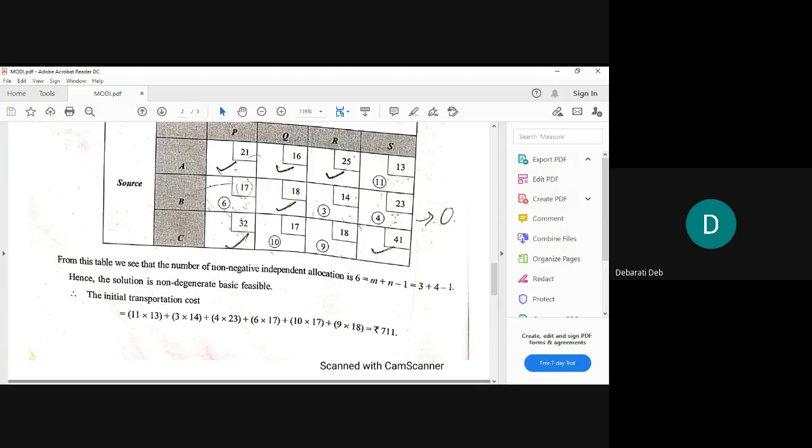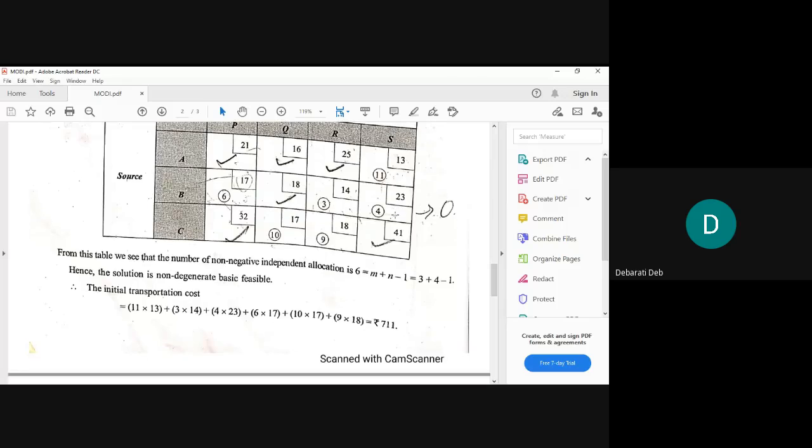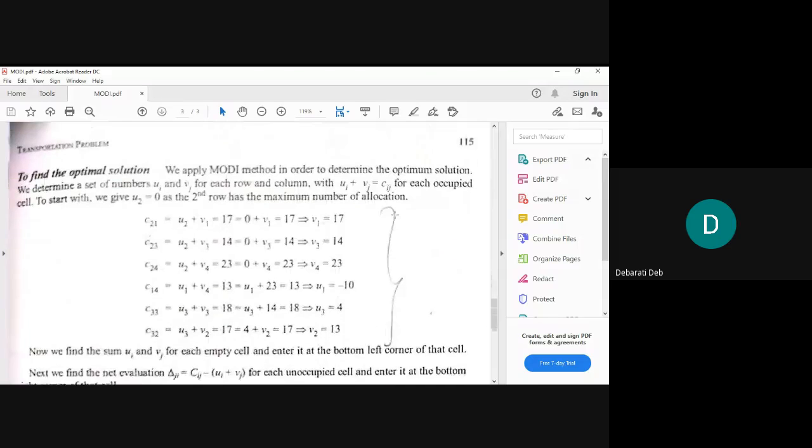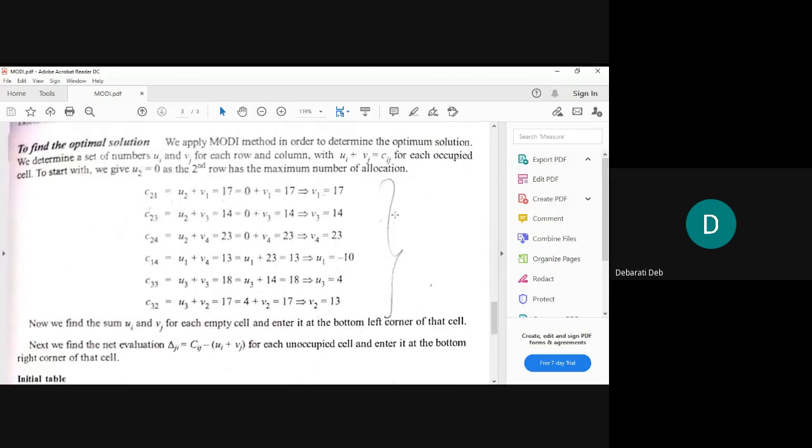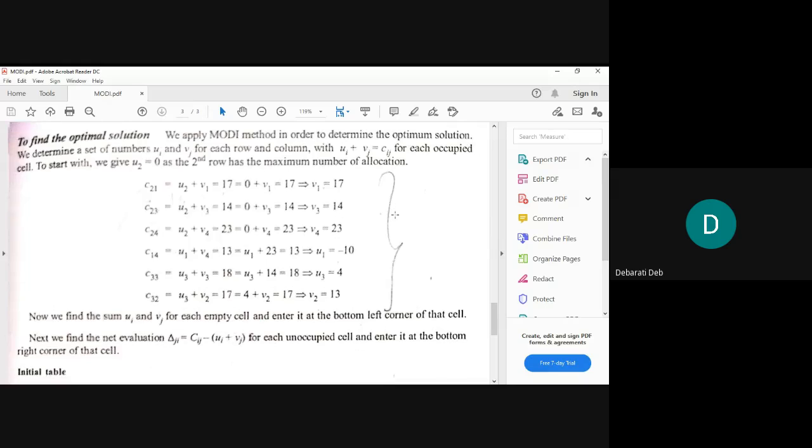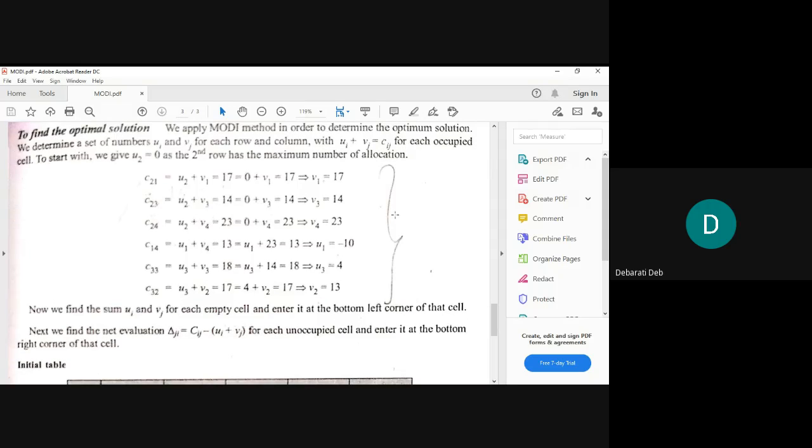So you write C24 equals U2 plus V4 equals 23.